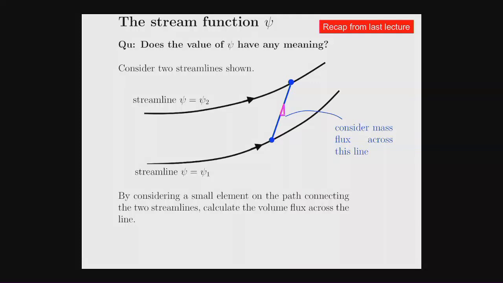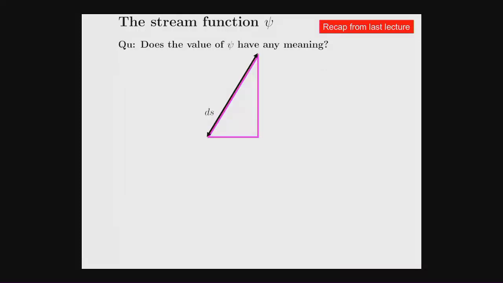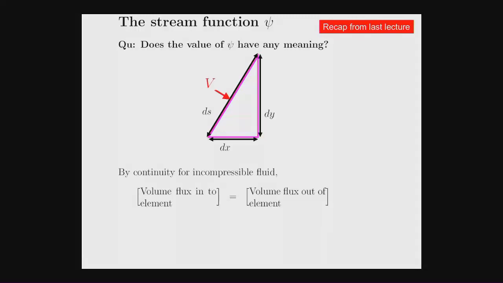We consider some small distance, ds, and we did a control volume analysis in this small element here. By continuity, we found that v ds plus v dx equals u dy. That's just from the conservation of mass, from continuity.